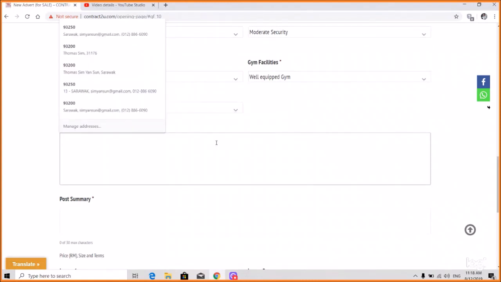So let's say we key in, this is a fire sale. Let's say it's a very low price sale. Owner is moving out soon. Vacant possession immediately.